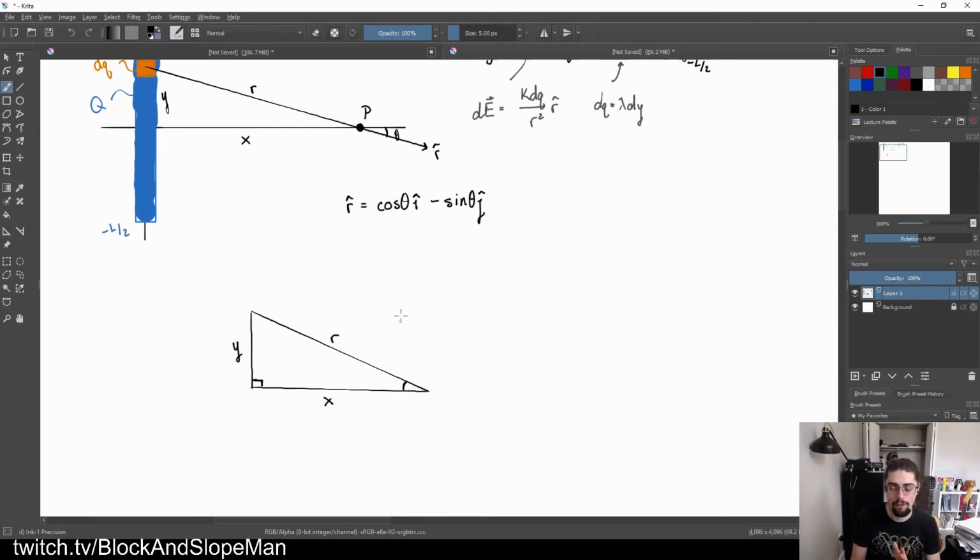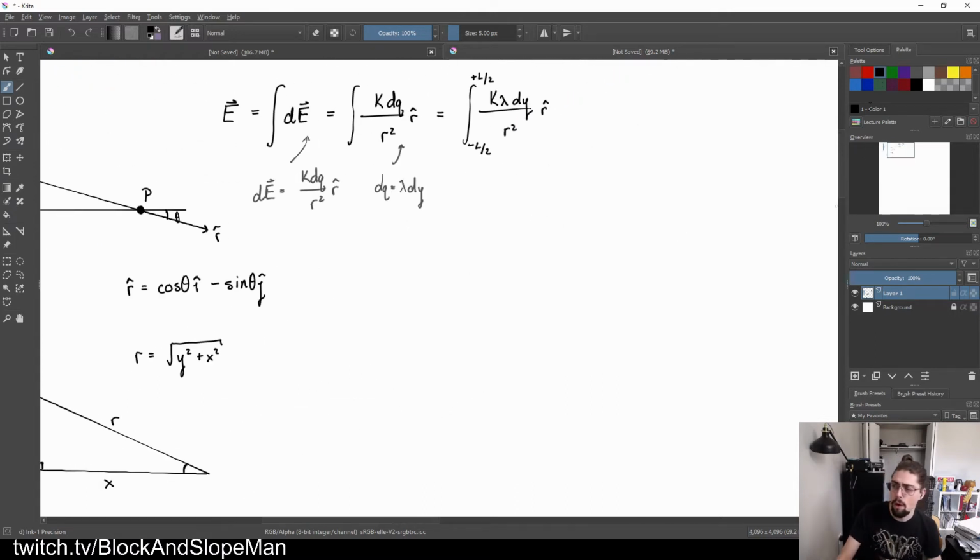I kind of do, but not really. But I can rewrite r as the hypotenuse of these two pieces. And if I do that, my change is now in terms of y and a constant x, and x is a constant value, so I don't have to worry about that, right? I have successfully replaced this with the variables in terms of y and other constants that don't matter in the integration. So we're set. We have a replacement for r.